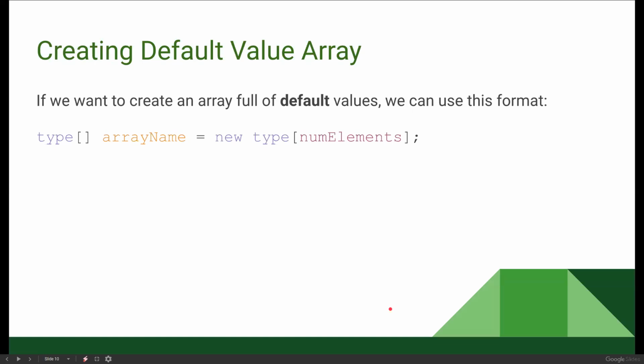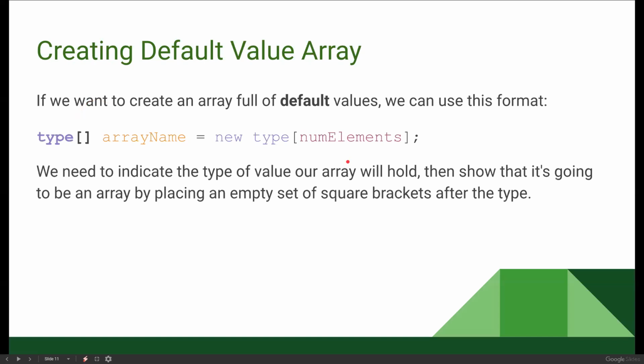If we want to create an array in our program that is filled with the default value for that type, we can use this format. So we're going to use whatever type we want with those square brackets, the name of our array. We're going to have our new type, second set of square brackets with the number of elements we want.